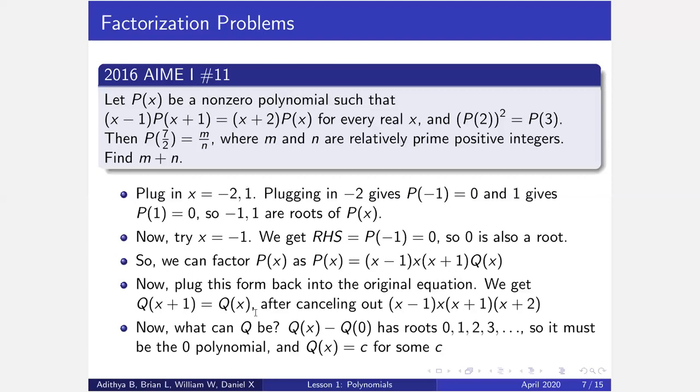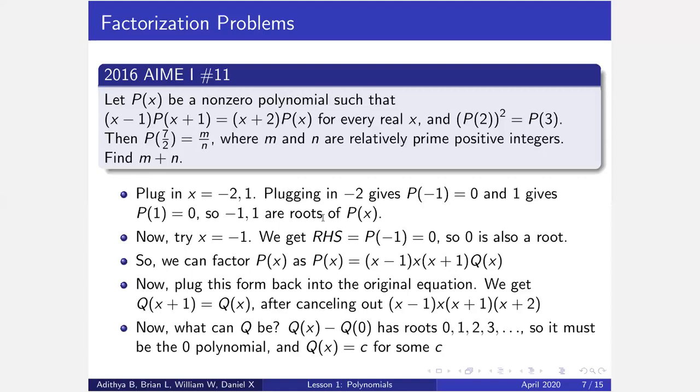When we plug in, we see that p of 2 is equal to 6c. We're having some technical difficulties right now, but I'll just say it in words.